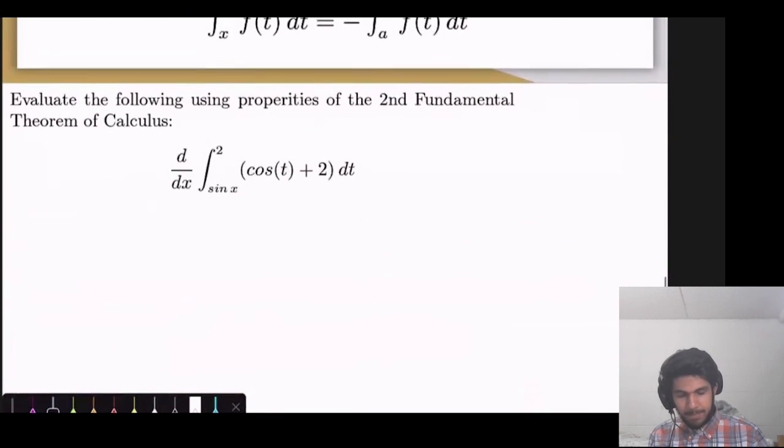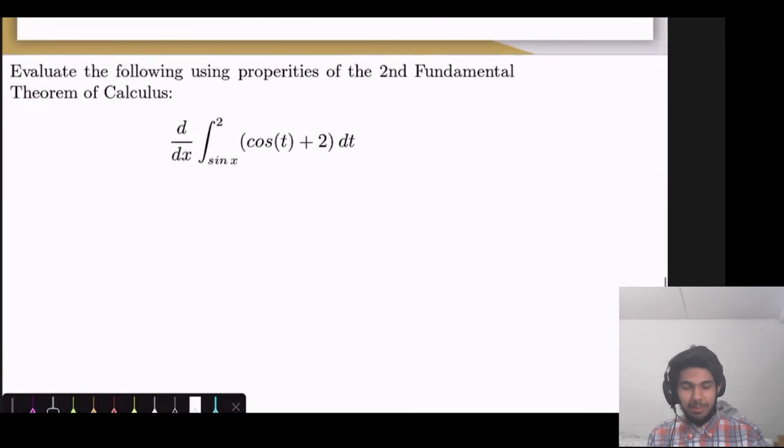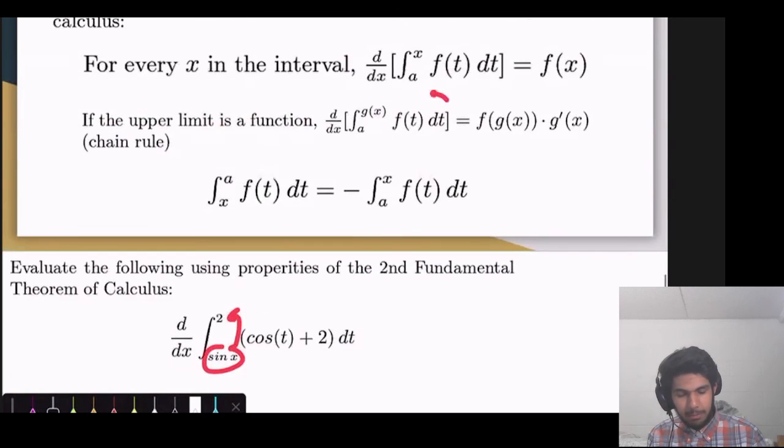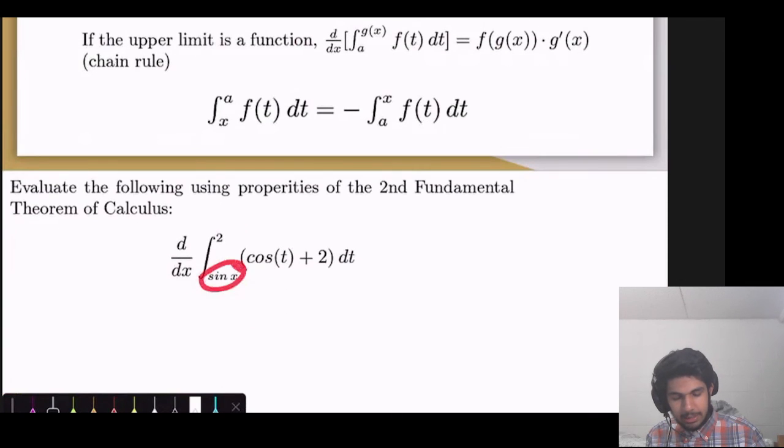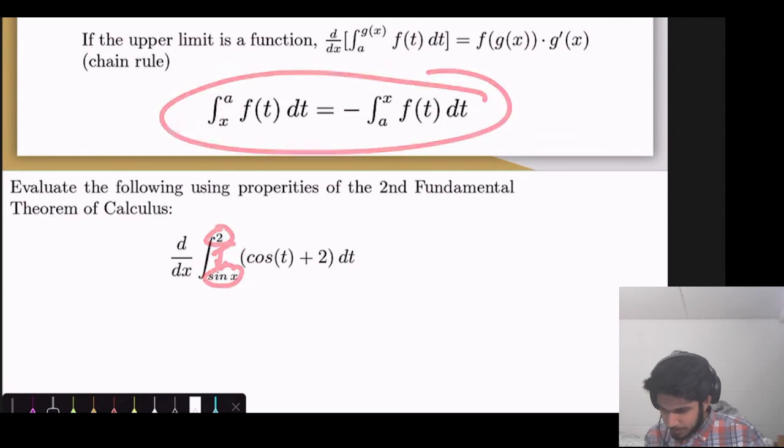Wonderful. So, using the properties that we just learned, we want to evaluate this limit, which I'm not going to read out. We have a function as a limit, and we should remember there's a property for when a function is the top limit, right? That's the second property right here. So we can get this to be at the top by swapping these two limits, and we know that there's a property for that.